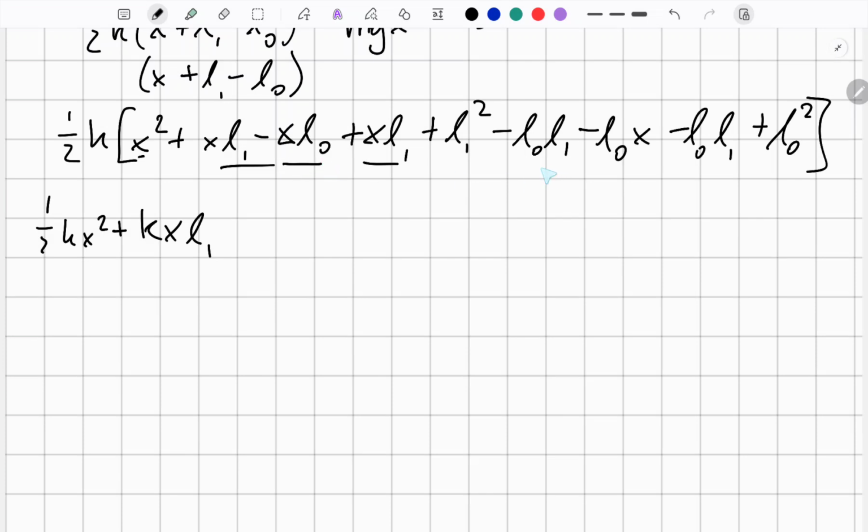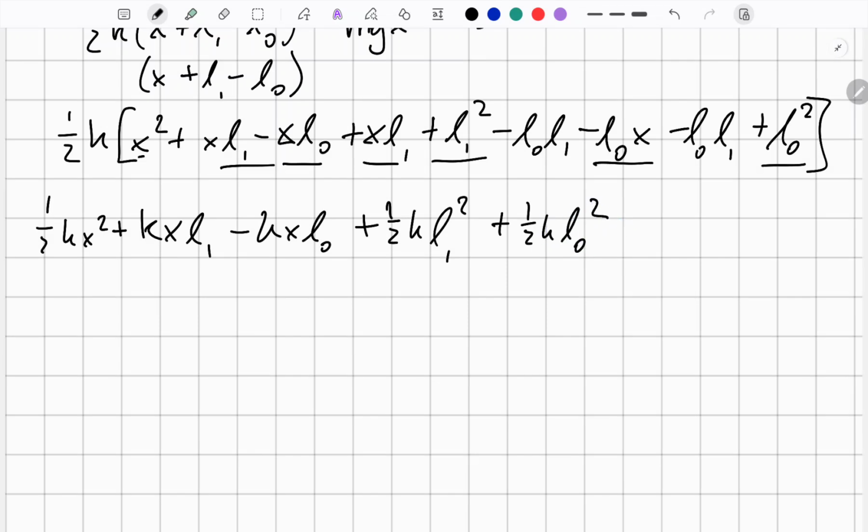Do the same thing here. Minus kxL0. Similar thing happening here. Plus 1/2 k times, I'll write them separately for now, L1 squared plus 1/2 k L0 squared.